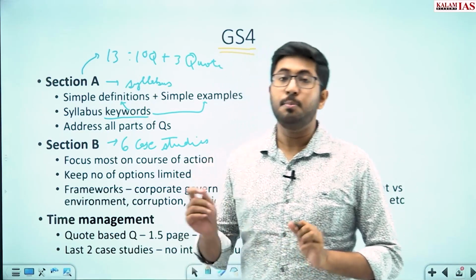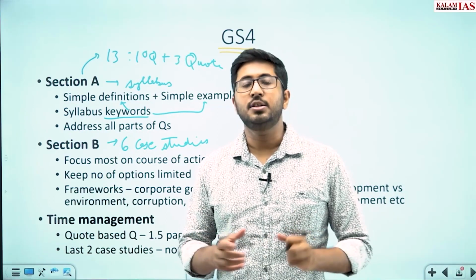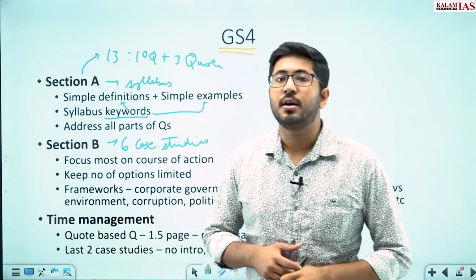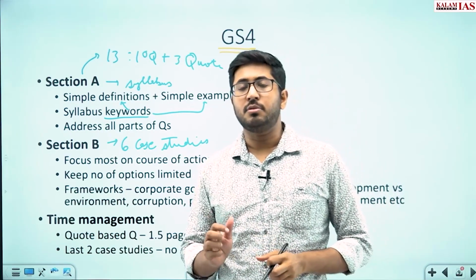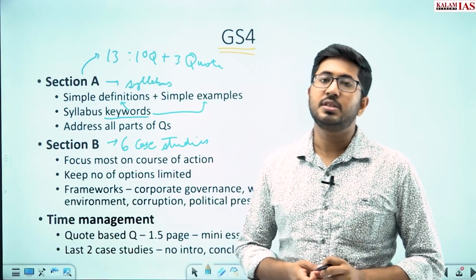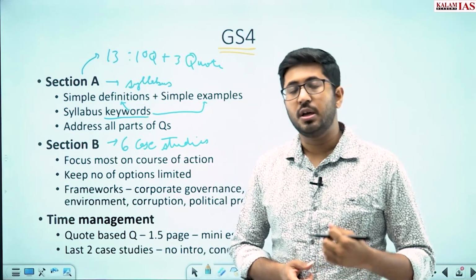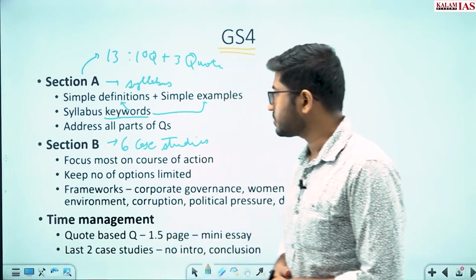So ensure simple definitions and simple examples. Examples that you write in your paper should be known by all, rather than being very specific or very unique. If you write simple examples which are known by all, and definitions which do not look bookish, you will fetch more marks.